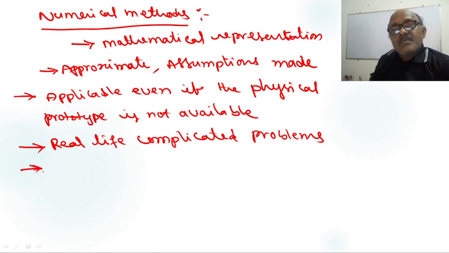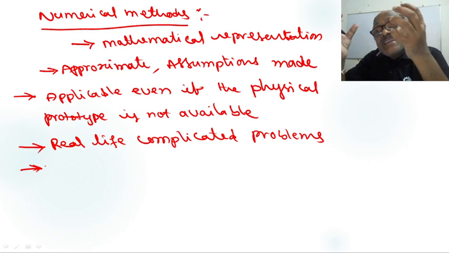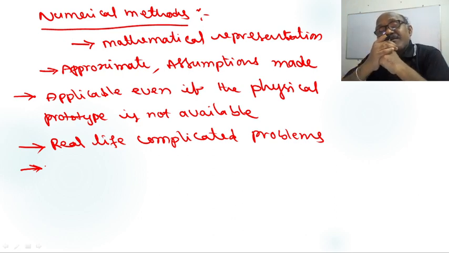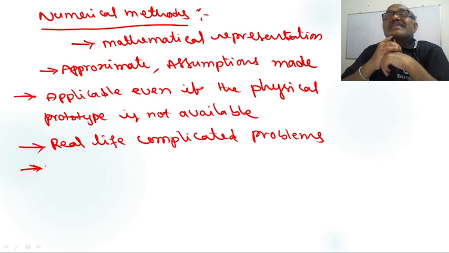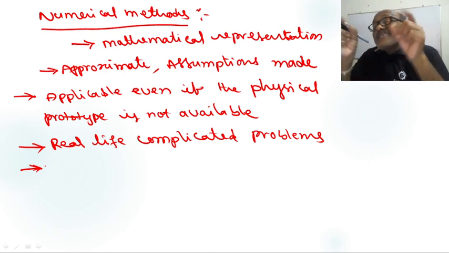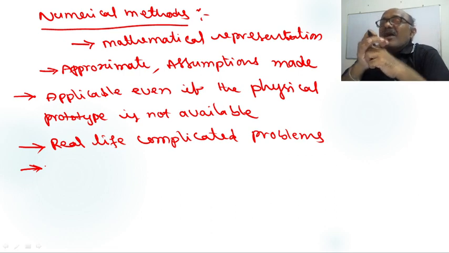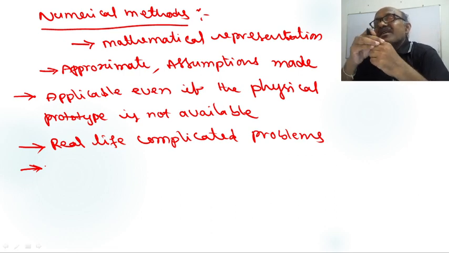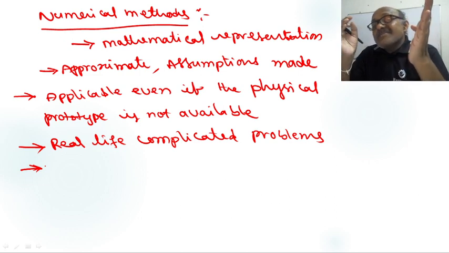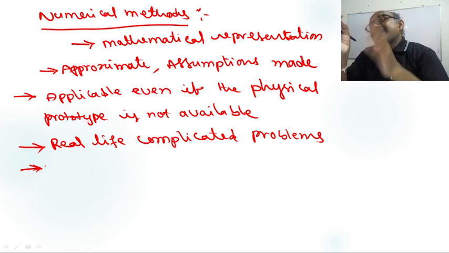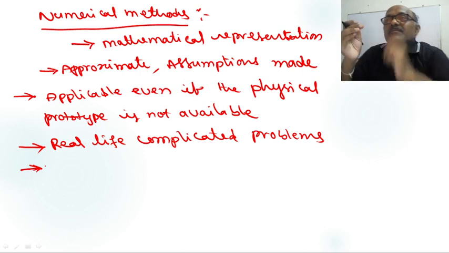Next one. Whatever results are obtained from the numerical methods cannot be believed blindly, but must be verified with experimental results or hand calculations for knowing the range of results. We have to know the range of results by using hand calculations. We compare these results with the experimental method and hand calculations. That is very important here.